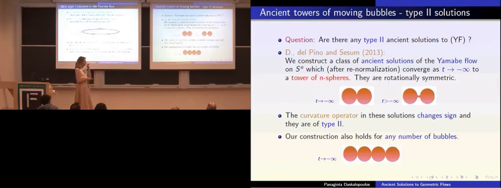We were also able to glue spheres as t approaches minus infinity, joined with little necks, and construct type 2 ancient solutions. We call them the towers of bubbles. As t approaches minus infinity, after you normalize with the volume, let's say, they look like towers of spheres. So these are type 2 ancient solutions.